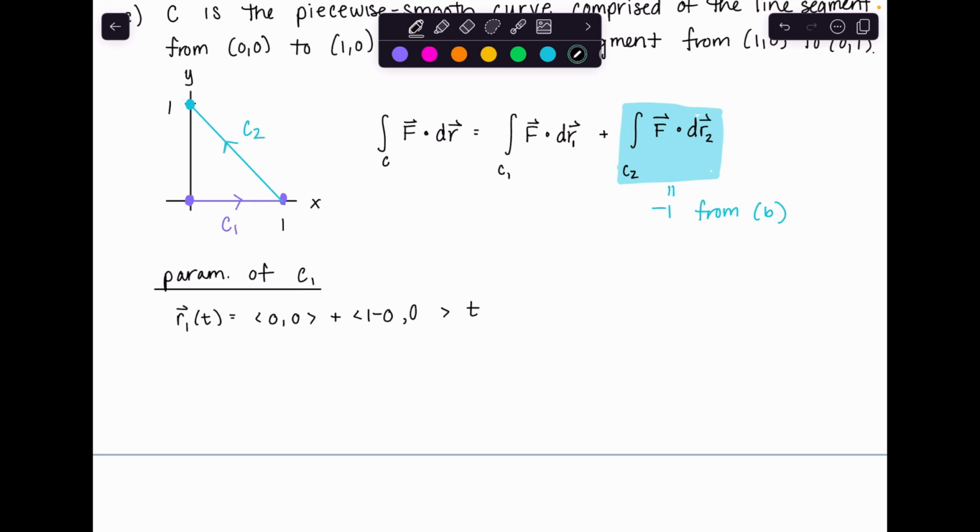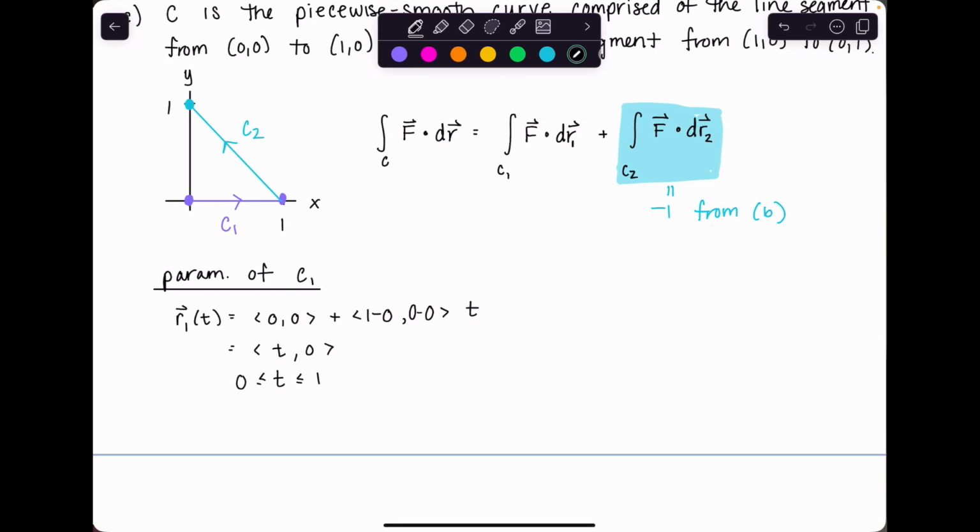And thankfully in the y, we're not going to move at all. It's 0 minus 0. So this is really equal to t, 0, and our t is ranging between 0 and 1. So we've got our vector function. We also need its derivative, which is nice. That's just 1, 0.